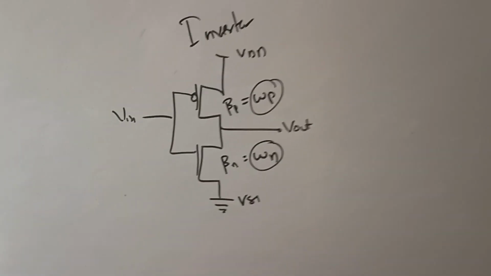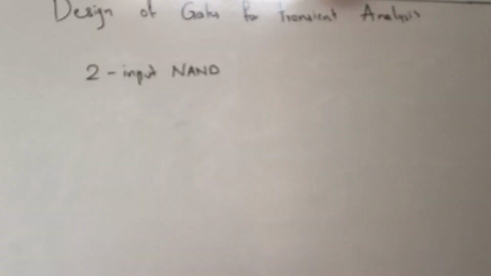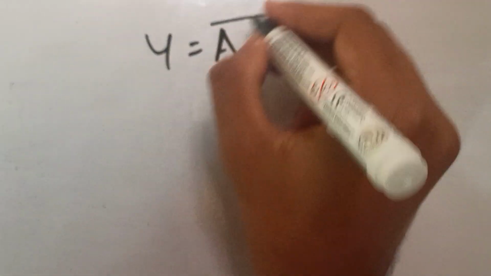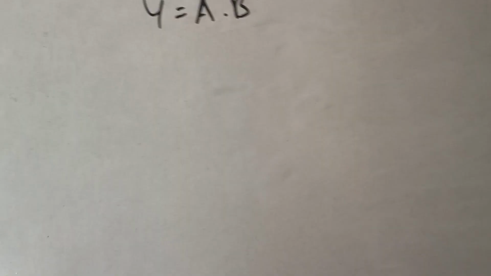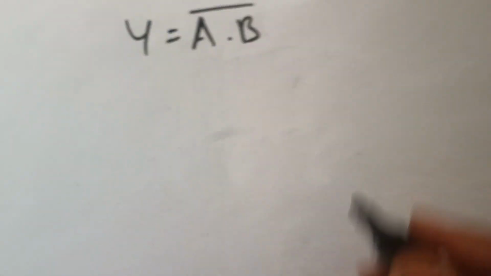So by considering these parameters WP and WN, we are going to design some of the required gates. Now we are going to design a 2-input NAND gate. The 2-input NAND gate is given by Y equals (A dot B) whole bar. We know that whenever there is a dot, the NMOS will be in series and the PMOS will be in parallel.